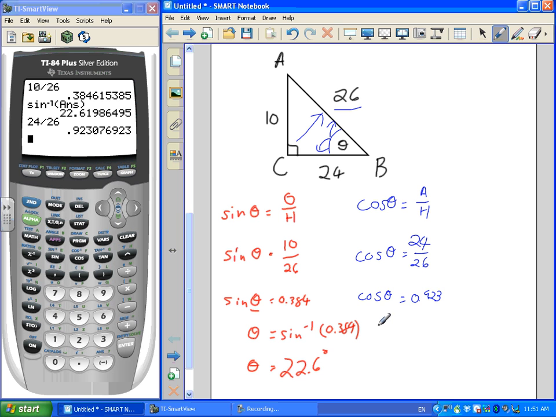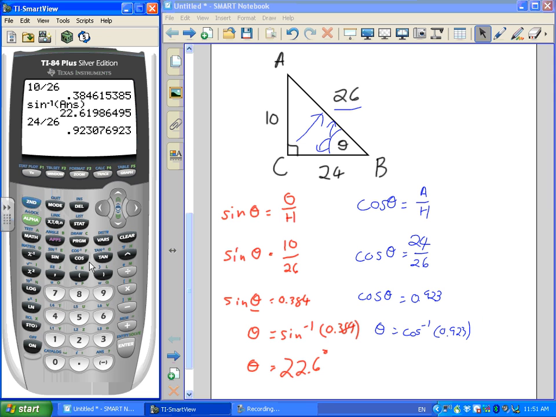So I'm going to bring cosine to the other side, solving for the angle. When I bring cosine to the other side, what does it become? Cosine to the negative 1, 0.923. So that means I push second function cosine. And remember, I'm going to use my old answer again, so I'm going to do second function answer.